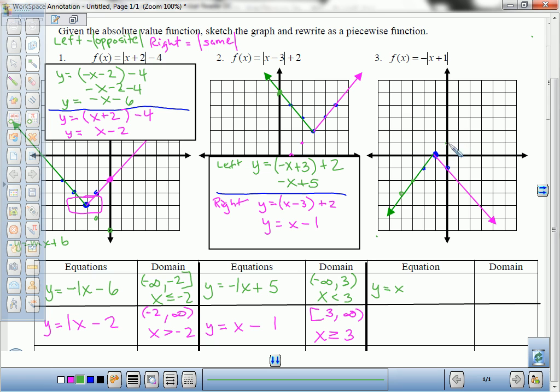And if I went up 1 over 1 again, it would cross at positive 1. So that goes forever left up until right here at negative 1. So that's x values that are less than or equal to negative 1.